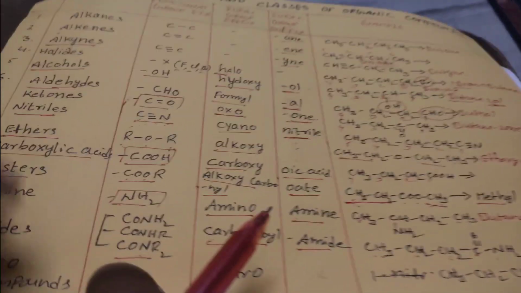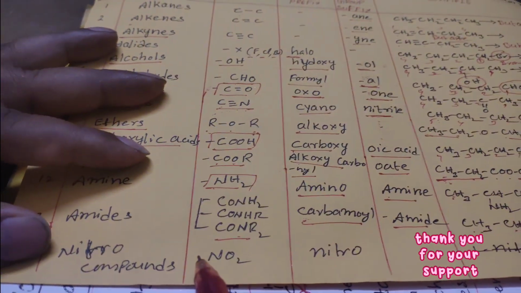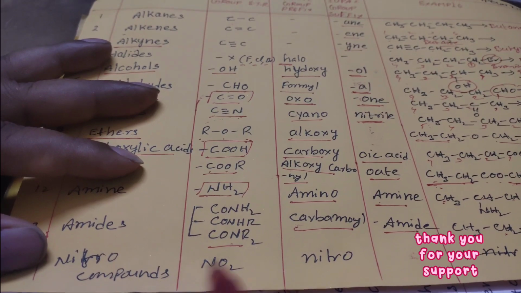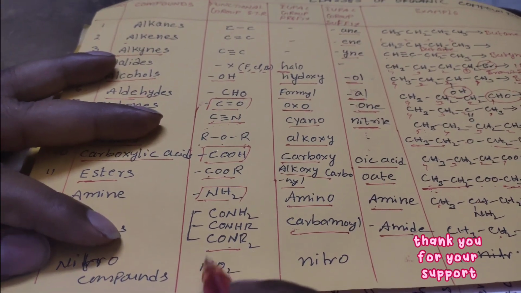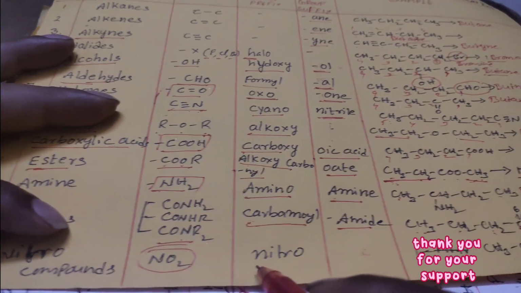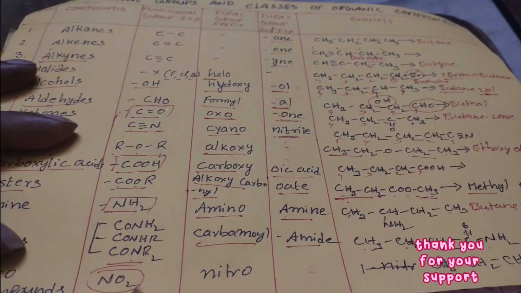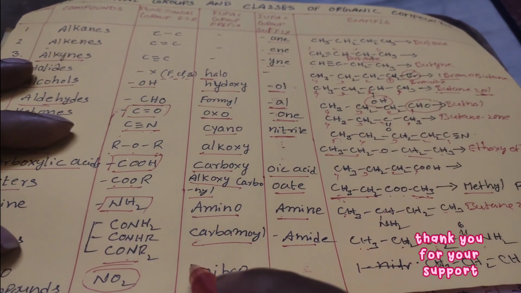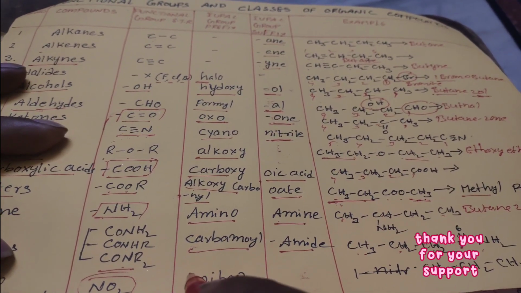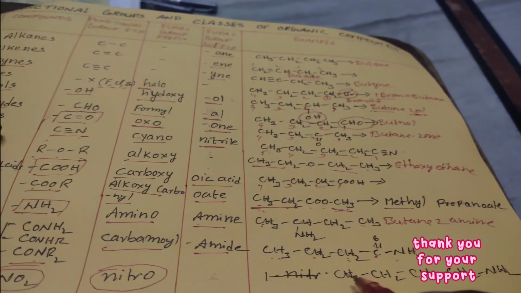And last structure, nitro compound. In the principal group structure, NO2 may be present. That is the nitro functional group. When the nitro group is present as a prefix, we write nitro. And I am writing one example.